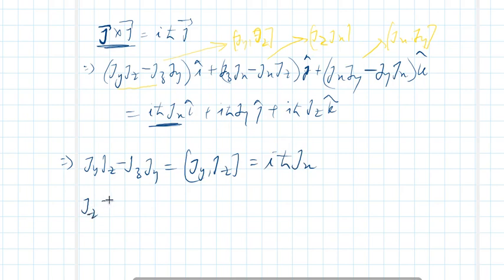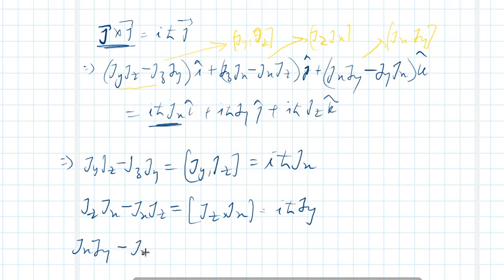Similarly, Jz Jx minus Jx Jz, the commutator of Jz and Jx, equals iota h cross Jy. Similarly, Jx Jy minus Jy Jx, the commutator of Jx and Jy, equals iota h cross Jz, right?